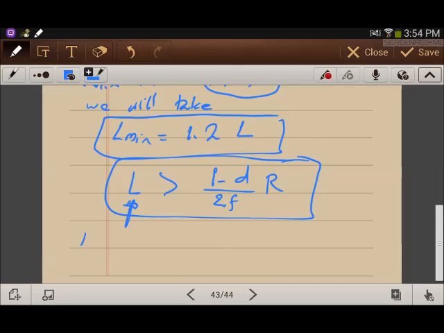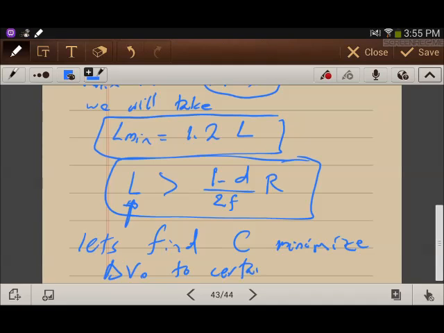Now let's find C, the capacitor that will minimize the peak-to-peak ripple of the output voltage to a certain value.